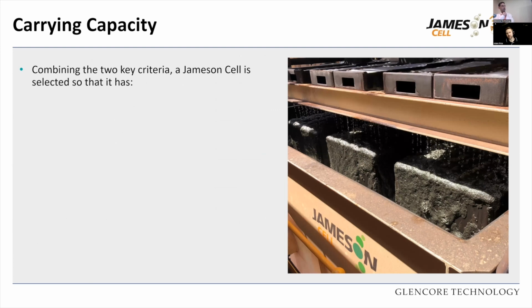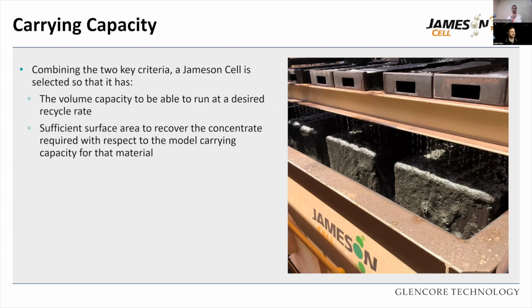So carrying capacity, just doing a bit of a summary, combining the two key criteria: a Jameson cell is selected so that, A, it has a volume capacity to be able to process the feed at an acceptable recycle rate, as well as B, has sufficient surface area to recover the concentrate required with respect to our carrying capacity model.